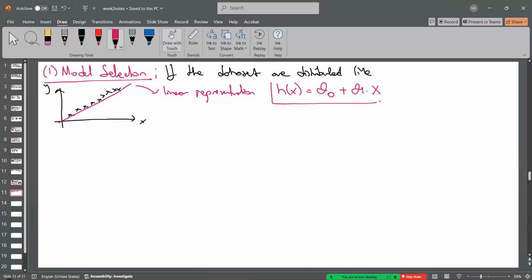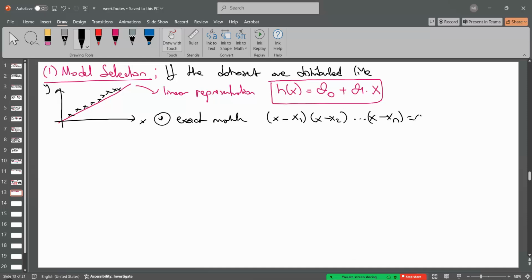And so this model can emulate our measurement or the training data distributions. Okay, normally in the math, for an exact solution we have (x − x1)(x − x2)...(x − xn) = 0, where n is the number of samples.